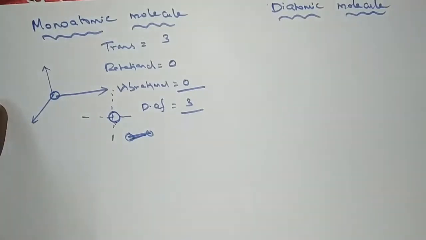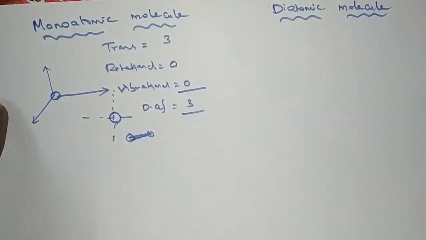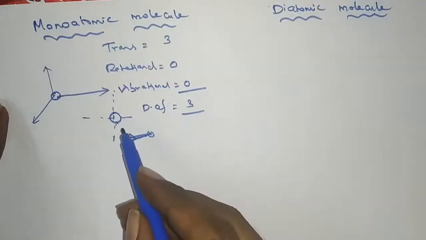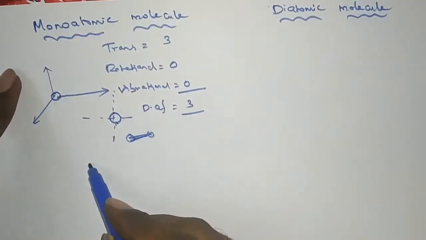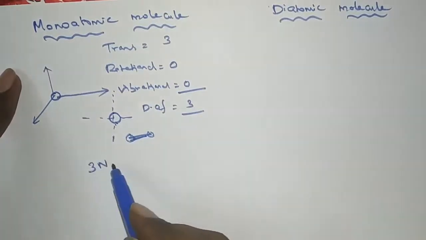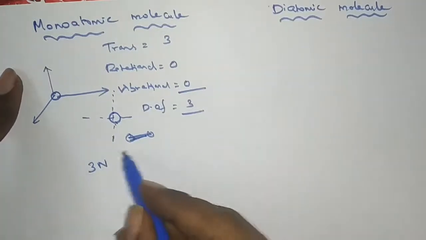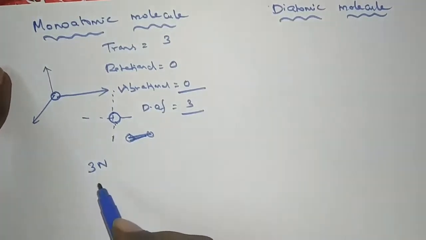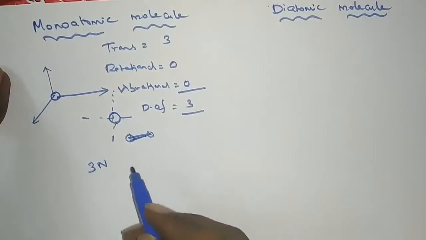According to my first definition, it is the number of independent variables required to describe the position of the atom in space. So for a monatomic molecule, based on that we have 3n degrees of freedom. According to the first definition, the molecule should have 3n degrees of freedom.